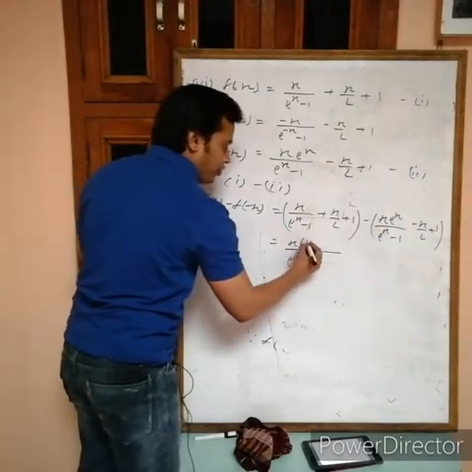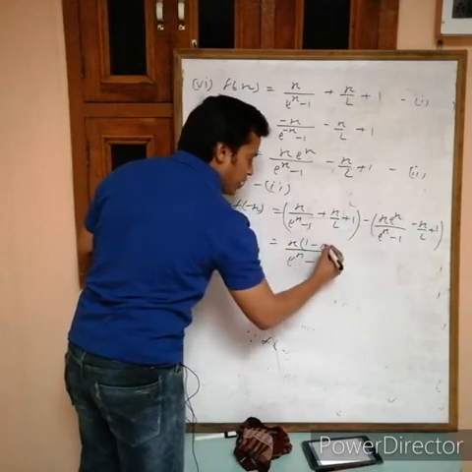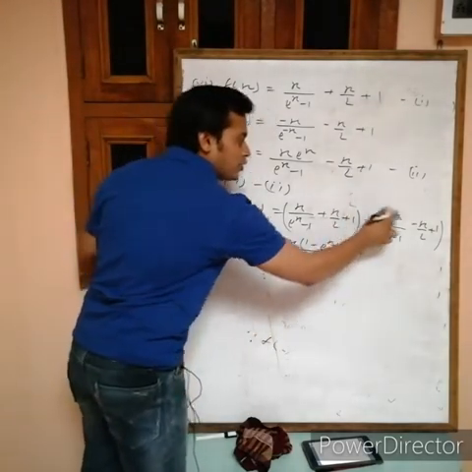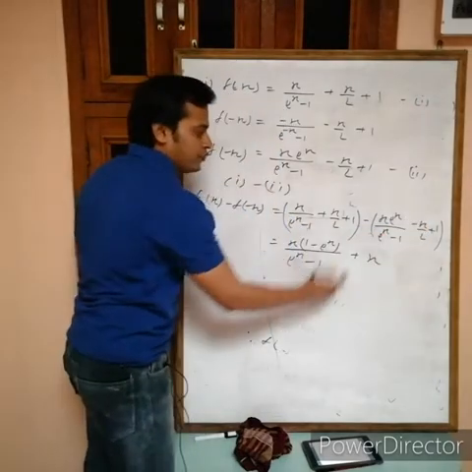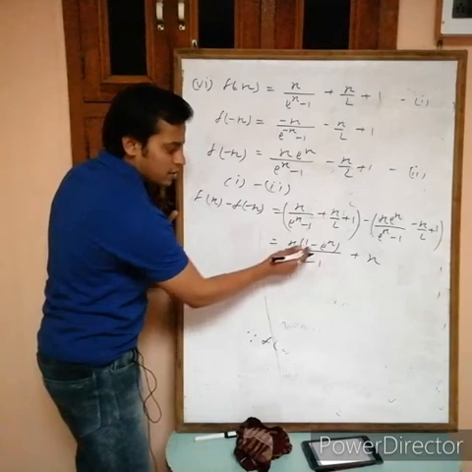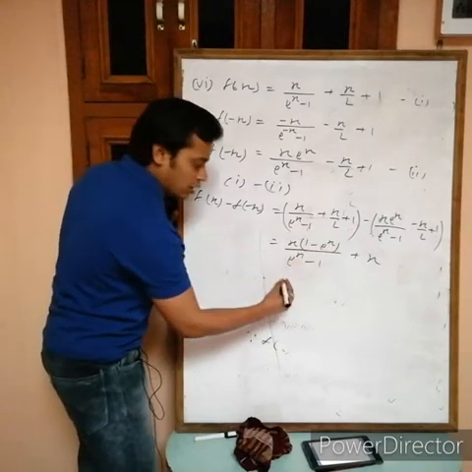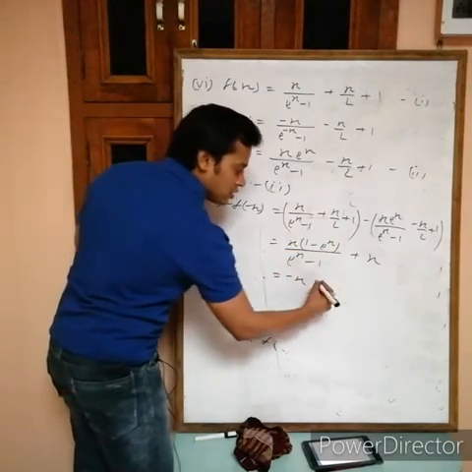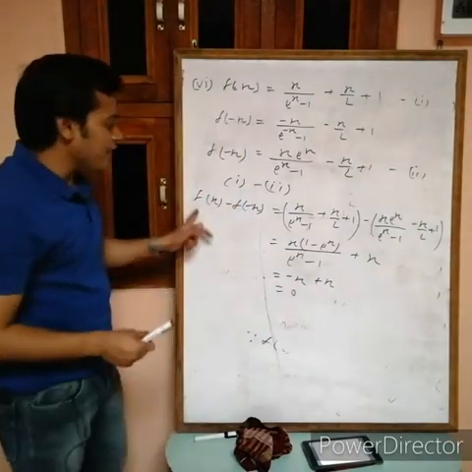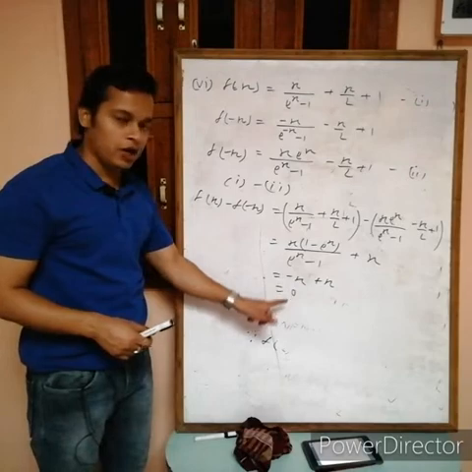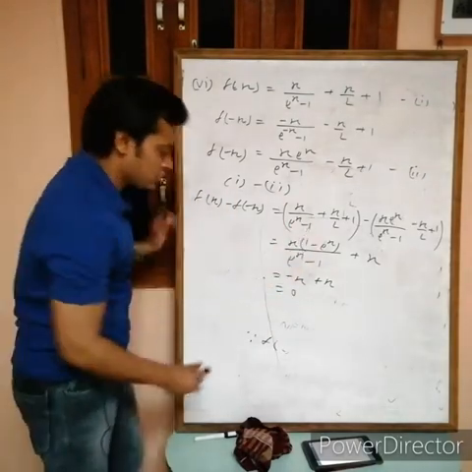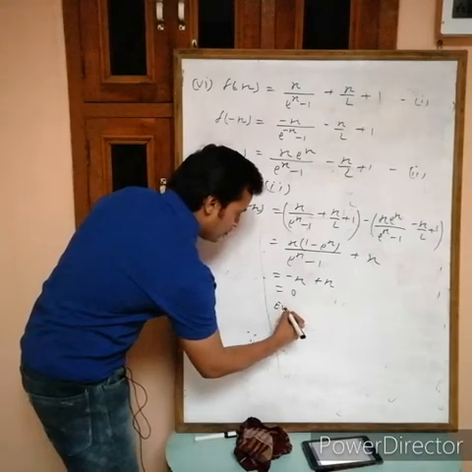Then we get 1 from this one and from this one minus e power x. Plus x by 2 plus x by 2 is x. The e power x minus 1 cancels out, with a common minus. So this one is minus x plus x equals 0. So if f(x) minus f(-x) equals 0, it means f(x) equals f(-x). So this one is an even function.